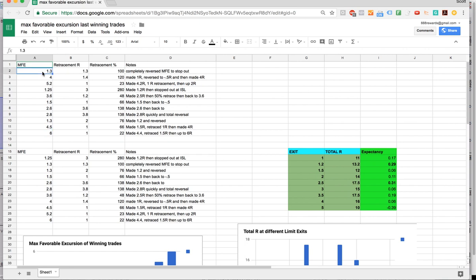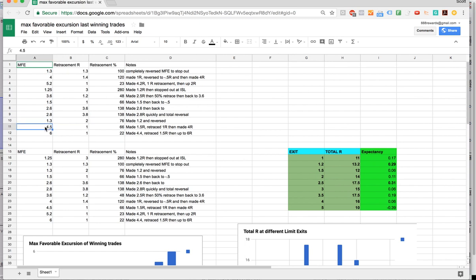And I'm being sensible here because, for example, let's say a trade like this one made 2.6 R and then completely reversed and gave it all back, and then went up to 10 R. It's still a 2.6 R retracement because no sensible trader would hold through that retracement. So here, this one made 1.3 R and then reversed.